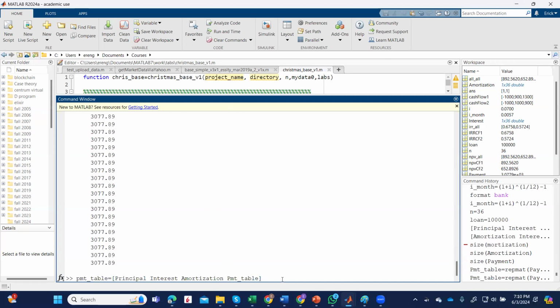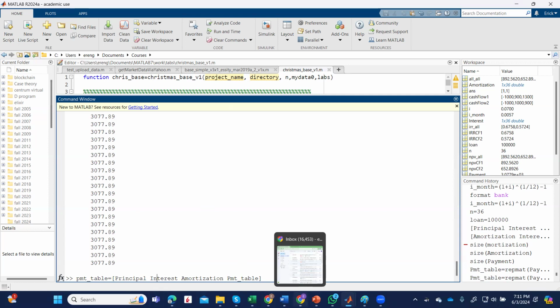Now, do you think this is going to work or not when we create our matrix? Payment table is going to be 36 times 1. But amortization is going to be 1 times 36, so it will not work, right? Principal also is going to be 1 times 36, and interest is also 1 times 36. So if I want to convert a 1 times 36 vector into a 36 times 1 vector, put an apostrophe on it.